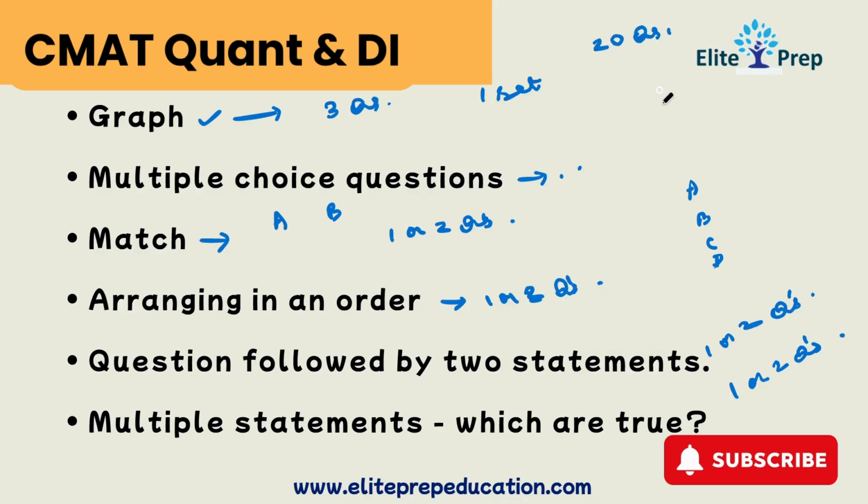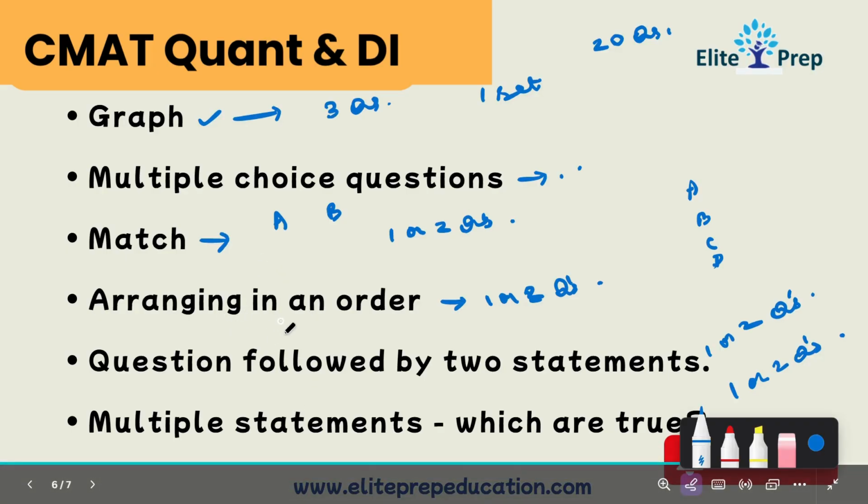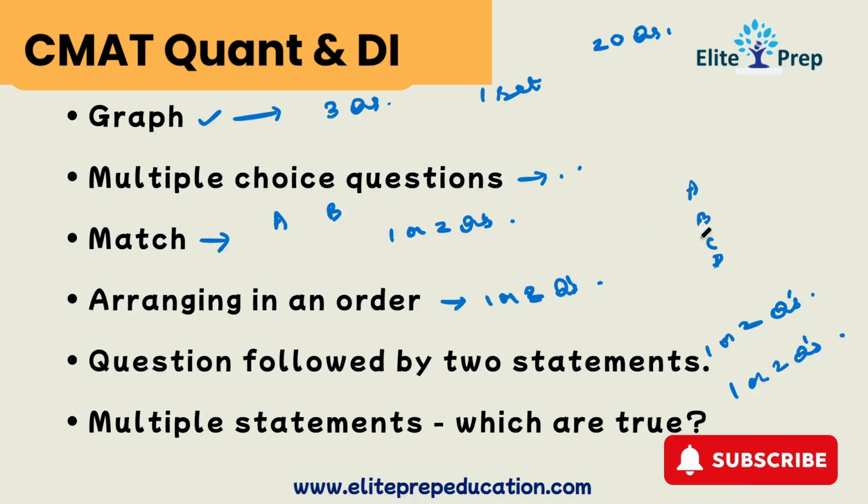The questions will be a little lengthy to read. For match the following and similar types, to answer just one question you may have to solve 3 statements. When you want to arrange in an order, there will be 4 lines given, and you have to find the value for all 4 lines and only then can you arrange them. So these questions are time consuming. That is why you have 3 hours for the CMAT exam, and there is no section-wise timer.